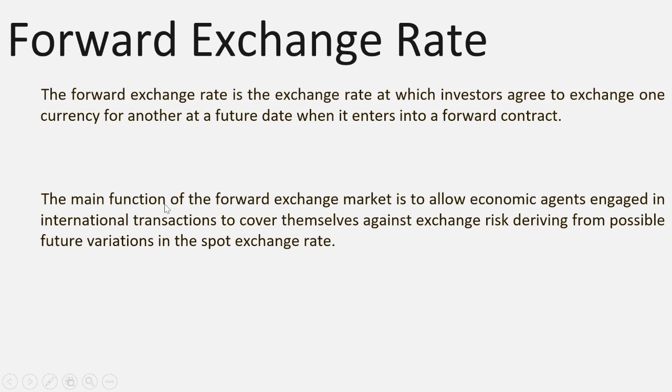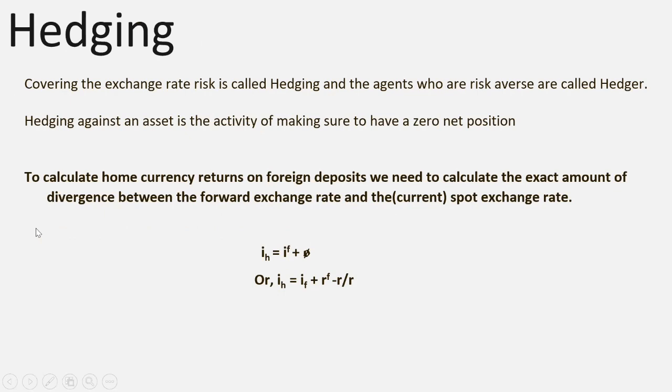The main function of the forward exchange market is to allow economic agents engaged in international transactions to cover themselves against exchange risks deriving from possible future variations in the spot exchange rate. Hedging.